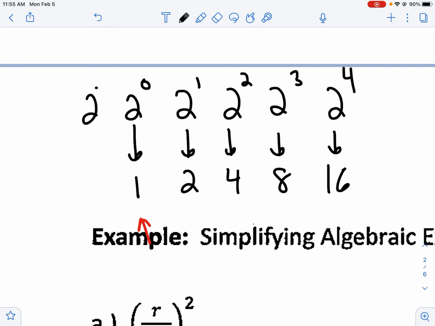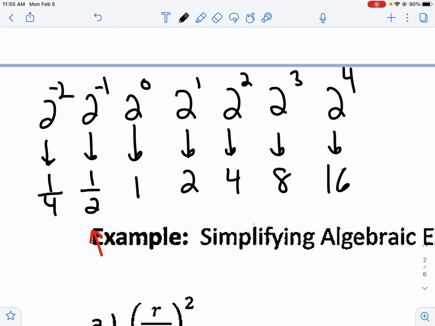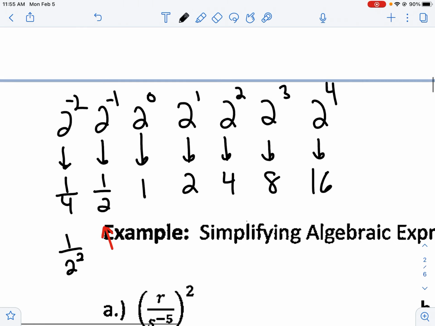And when you get 2 to the negative 1, you divide it by 2. And when you get 2 to the negative 2, you divide that by 2 again, which is going to make it 1/4, which is the same as 1 over 2 squared. Then when you divide it by 2 again, you get 1/8, which is 1 over 2 cubed.